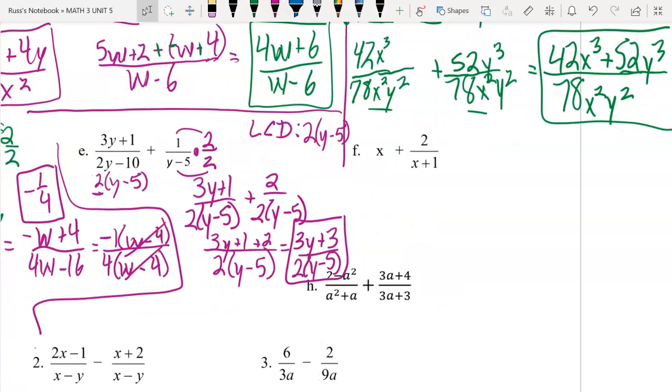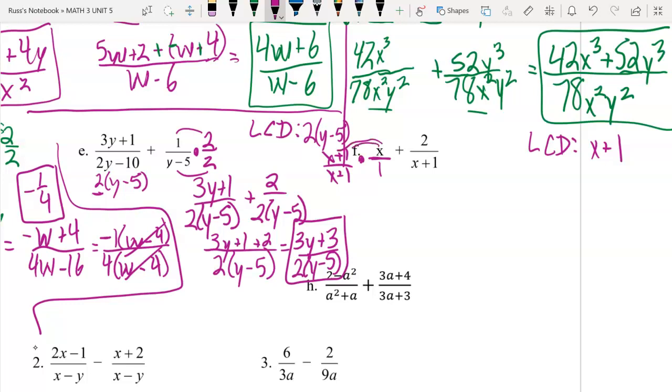All right. The last one we'll do today is letter F. So x plus 2 over x plus 1. This one often gets people, and it's actually one of the easier ones, and here's why. If you notice, x just has nothing as a denominator, or 1 as a denominator, really. So really, if you did 1 times x plus 1, that would be your denominator. All that you have to do is multiply the first term, x, by x plus 1 over x plus 1.